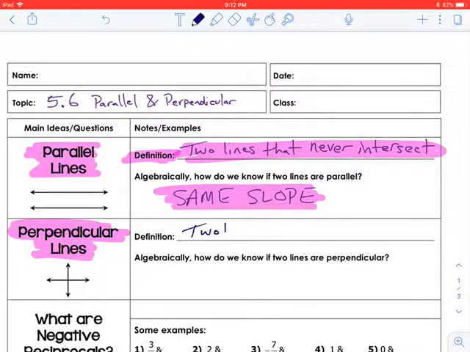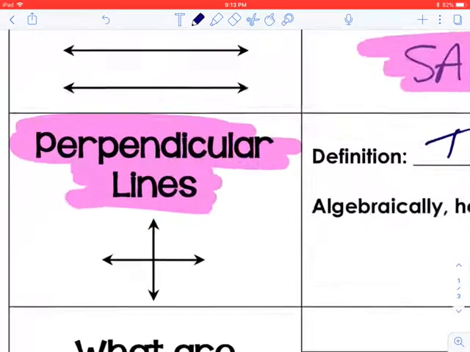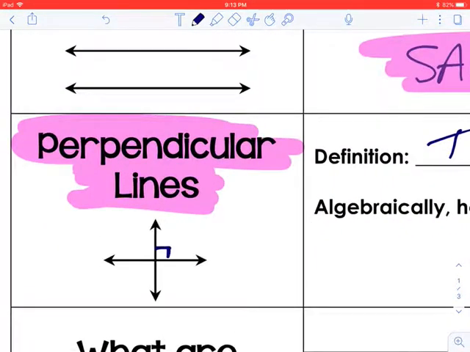In the same way, perpendicular lines are the same way, but the opposite. Two lines that intersect at a right angle, which we'll talk more about in geometry, but a right angle makes a 90-degree angle like this.